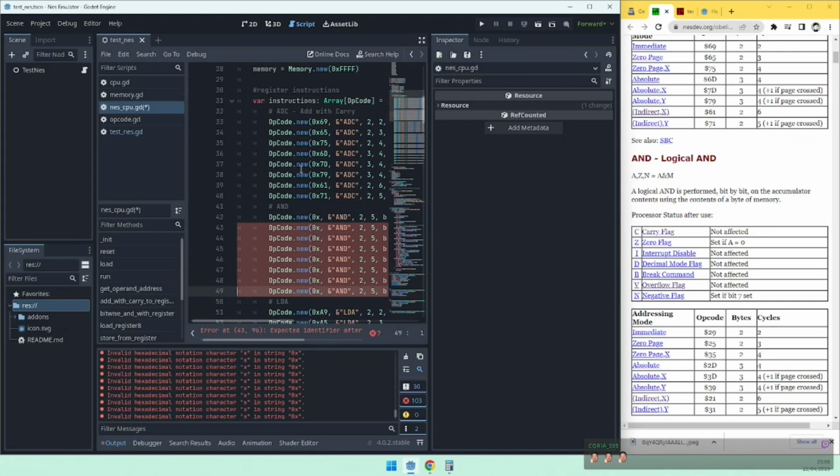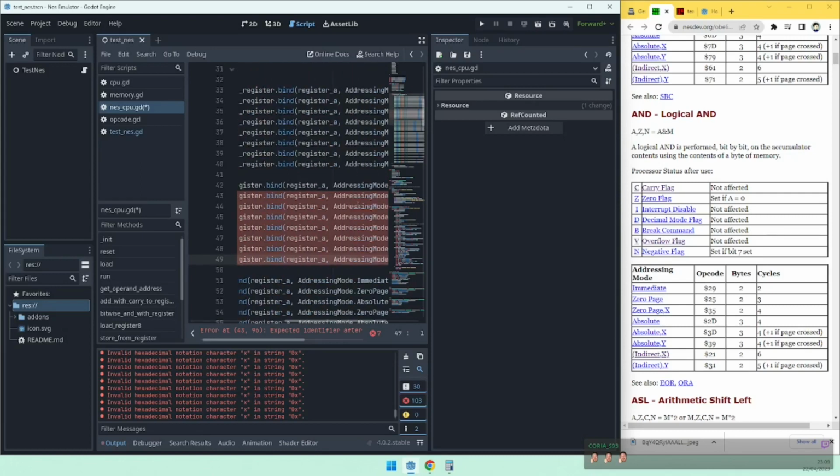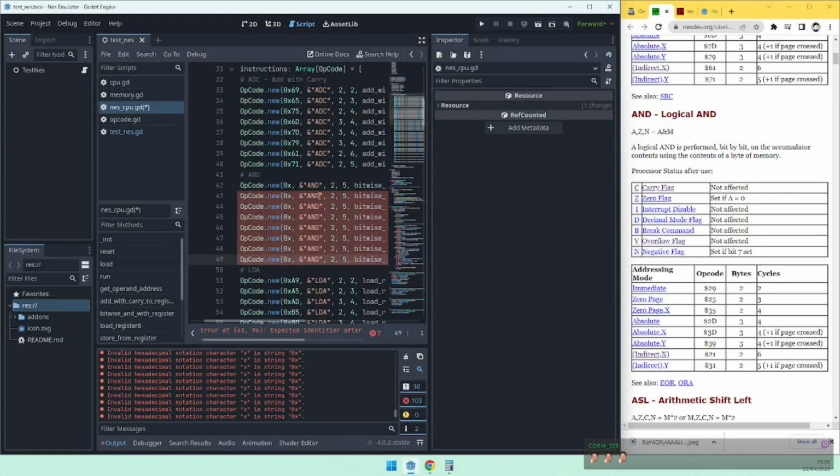And let's see what are our supported addressing modes. So the opcodes are 29, 25, 35, 2D, and 3D, 39, 21, and 31.